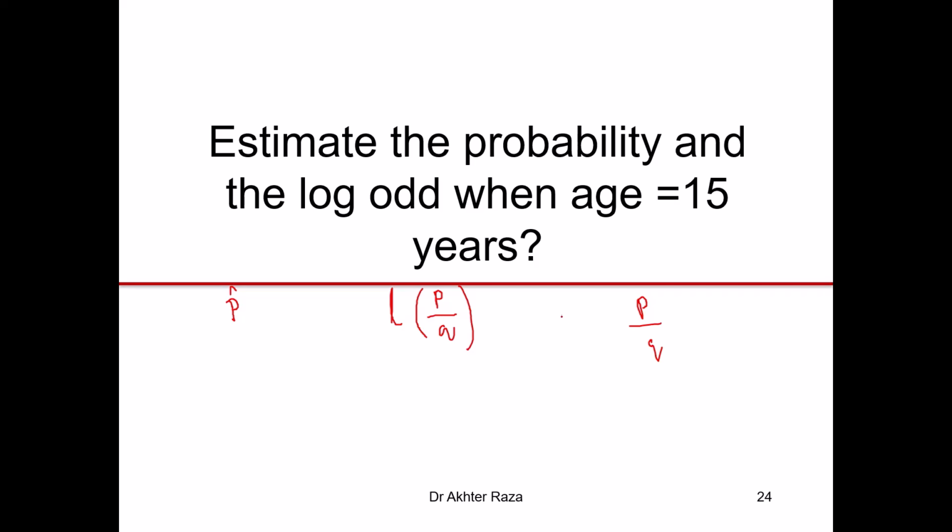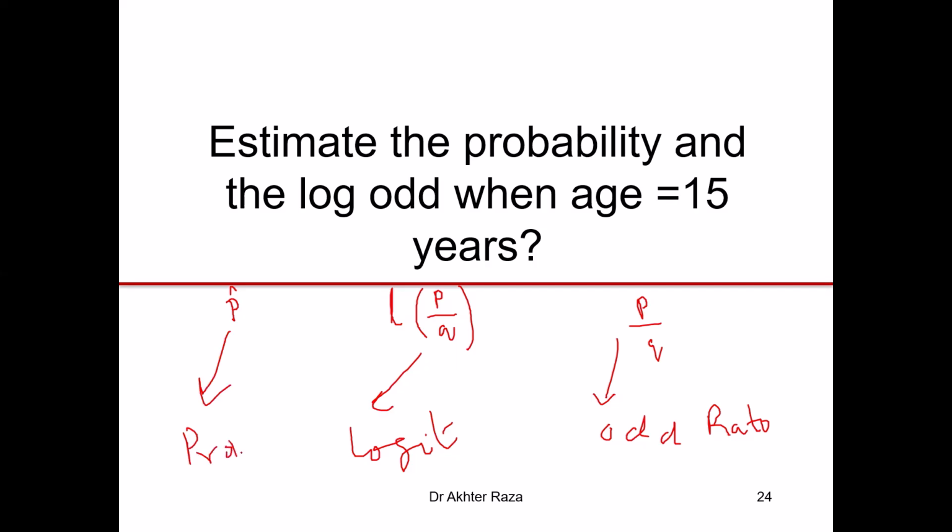This is the odd ratio. This is the logit. And this is the predicted probability. So in any of the forms, you can write down the model.